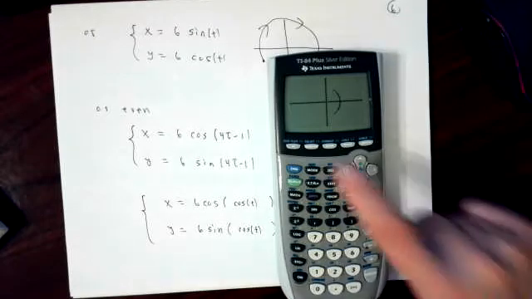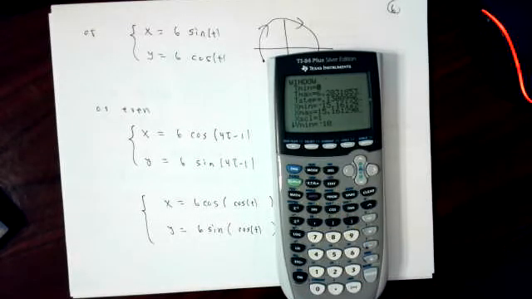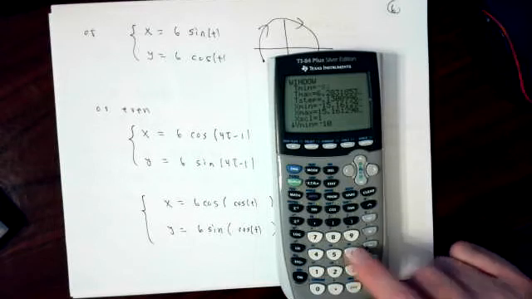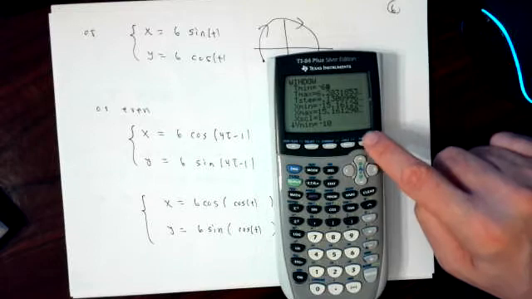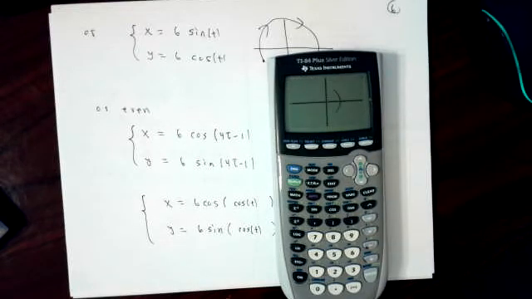So let's give that a try. I'll make the t-min -6. That's what fixed us up before. And I'll press graph. You'll notice that it calculated a little longer, but gave us back the same picture we had before.